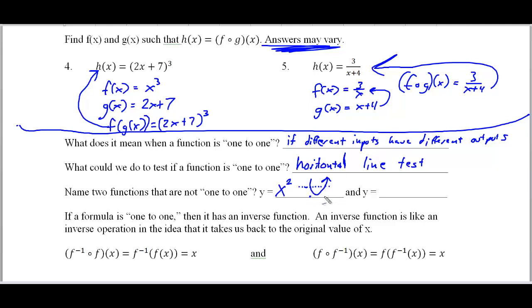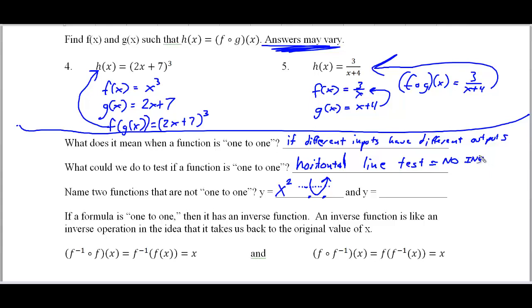Like this input here and this input here on the x-axis, they share the same output. What's important about these is that if a function is not one-to-one, then it does not have an inverse. Okay, so that's important. So if something fails the horizontal line test, that means no inverse.